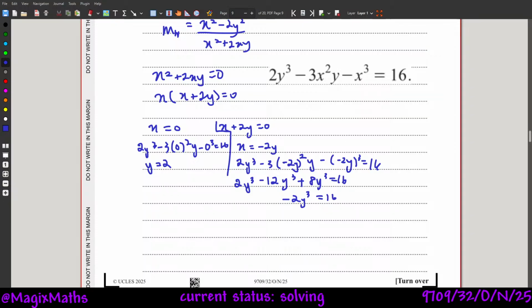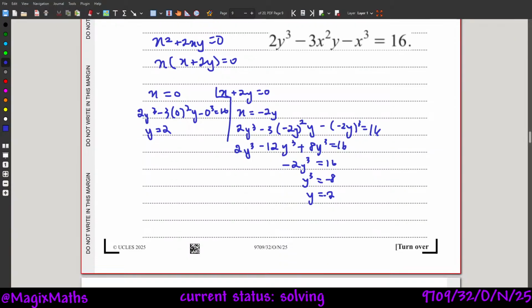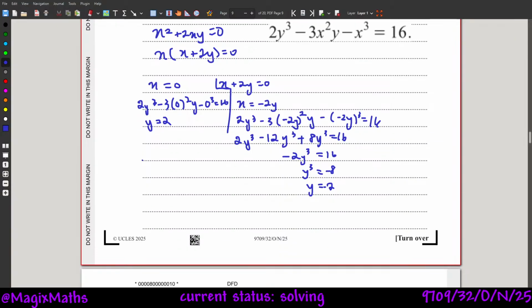And then y cubed is equals to negative 8. y is negative 2. So we have the coordinates at x is equals to 0, y equals to 2. And for this one, x is equals to negative 2 times negative 2 equals to positive 4. x equals to 4, y equals to negative 2.